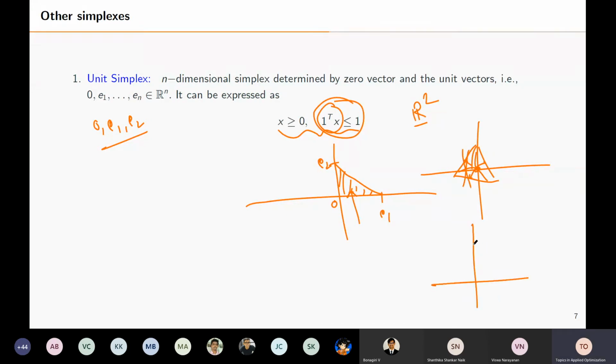It's 3-dimensional, so it's very hard to visualize; there is also a height here. So this is the one norm of x less than or equal to 1. We know that it looked like a diamond shape, and now we also have a restriction that x is greater than or equal to 0, so only this part will be remaining.